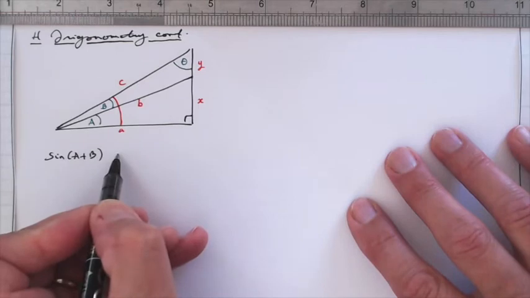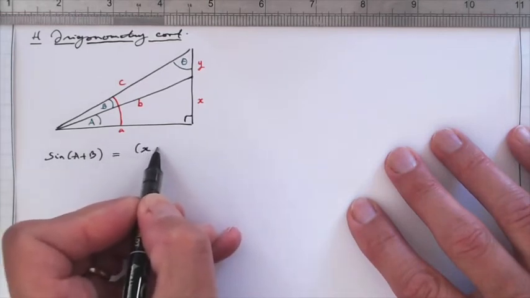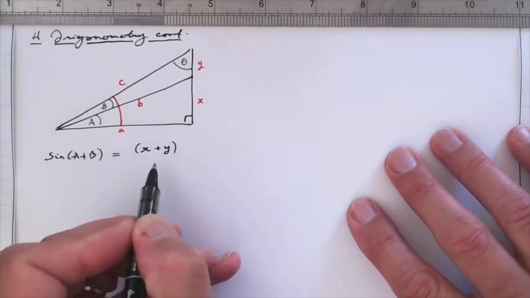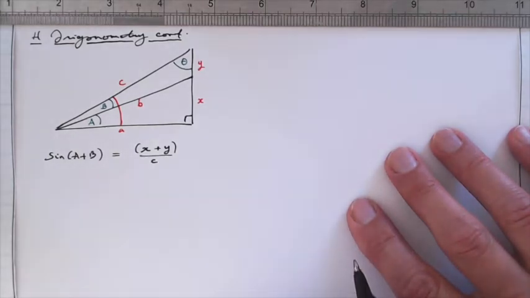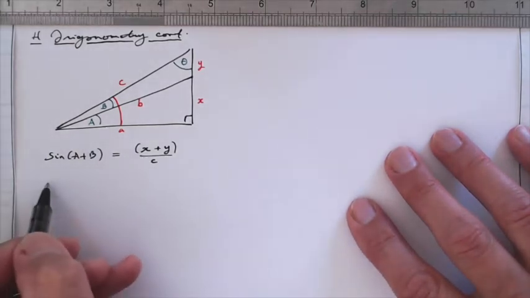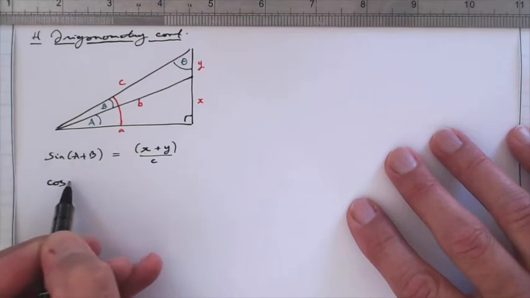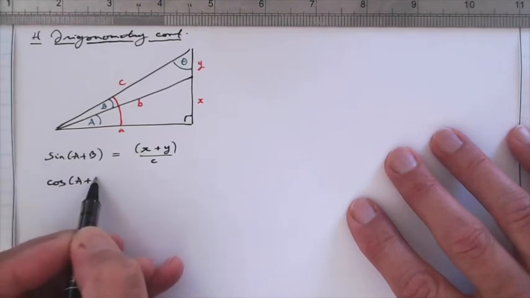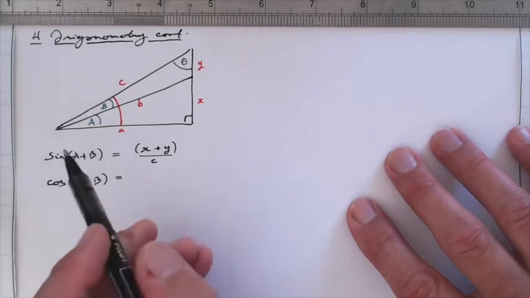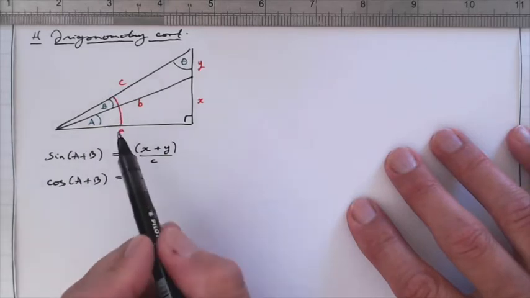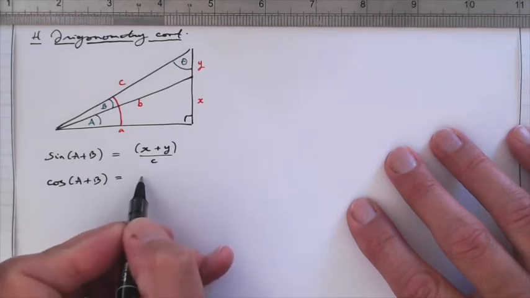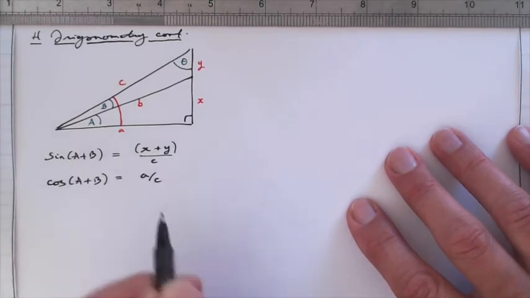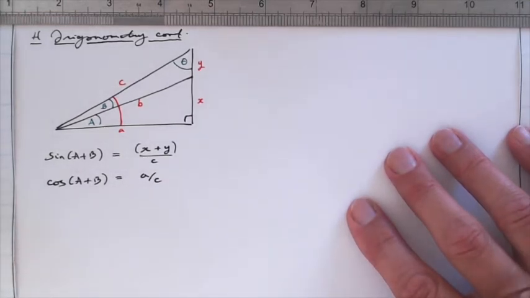So that's going to be X plus Y divided by C. And similarly, cosine of A plus B will be the adjacent side over the hypotenuse of the big triangle. So it would simply be A divided by C. So that's fine, no problem.